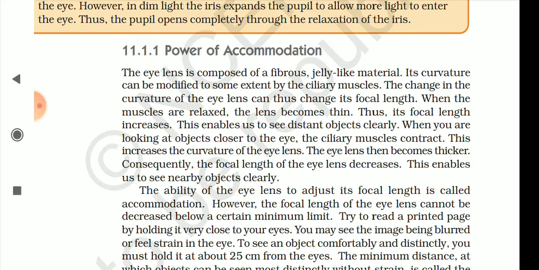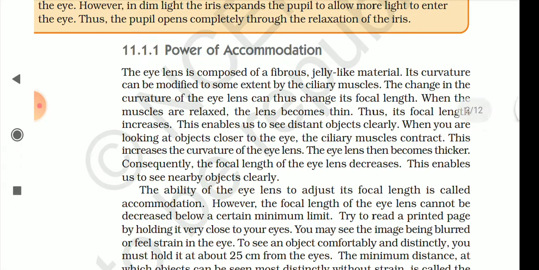The near point stands for the closest things we can see clearly, and that is only 25 centimeters.